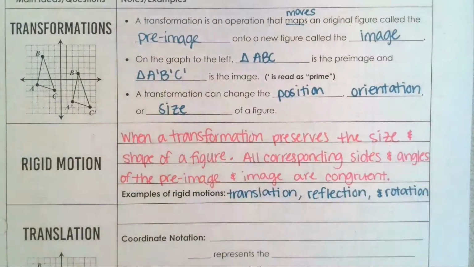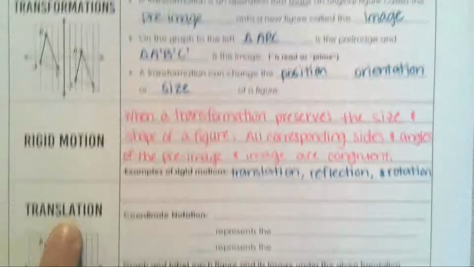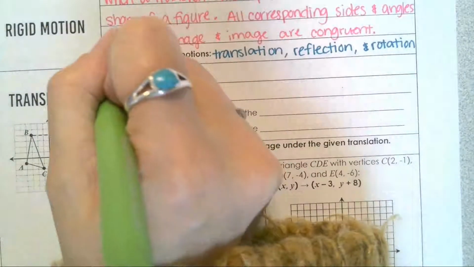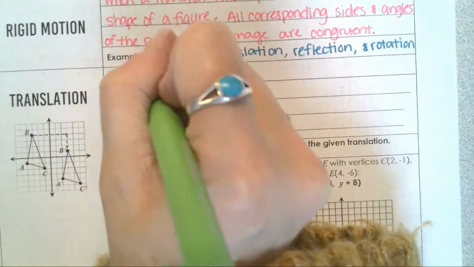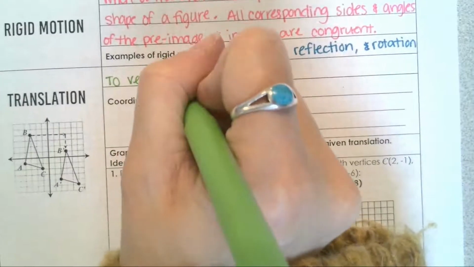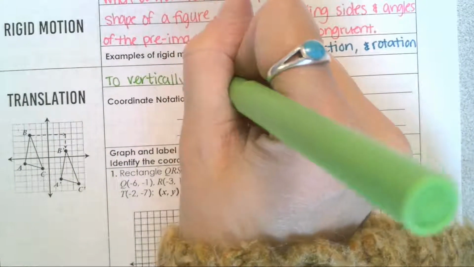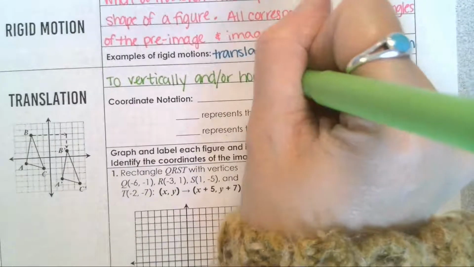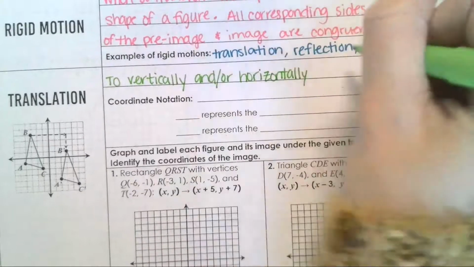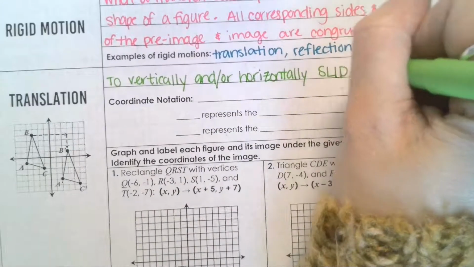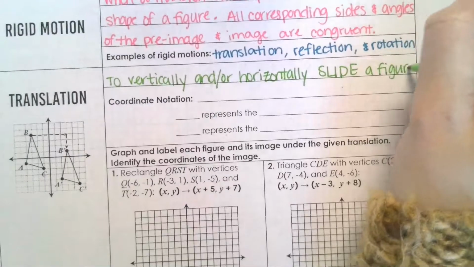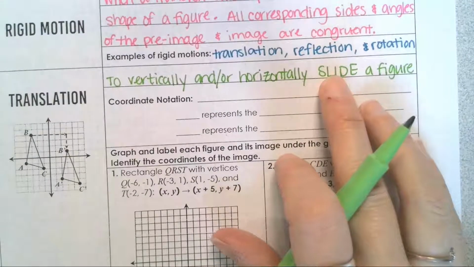Okay, so for today, we are going to start focusing on translations. So a translation is when you are going to vertically and or horizontally slide a figure. So this is where we're going to be moving it up, down, left, right.